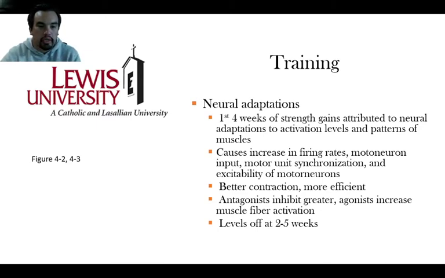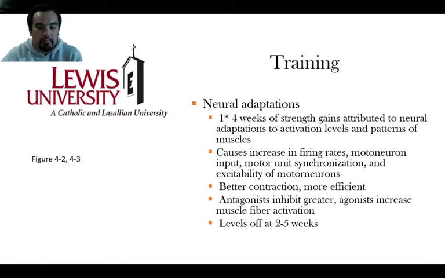What you're actually doing is you're increasing the firing rates of the motor neurons, and you're creating motor unit synchronization, and you're exciting the motor neurons, which thus creates a more efficient muscle contraction, because you're able to now engage more muscle fibers in each motor unit and really create a stronger contraction, put out more force, which is the goal of any type of program, right?